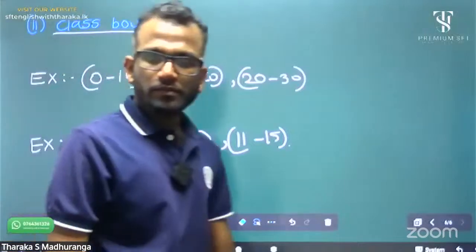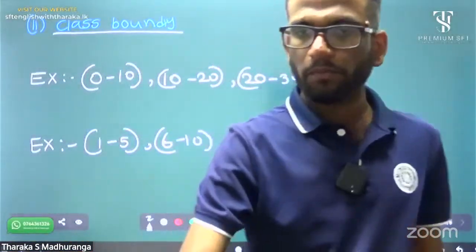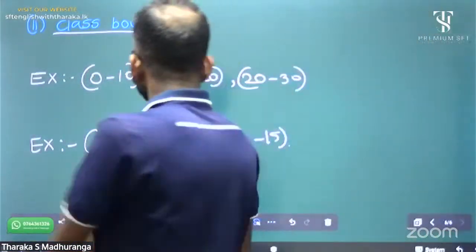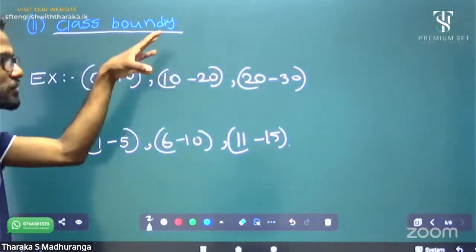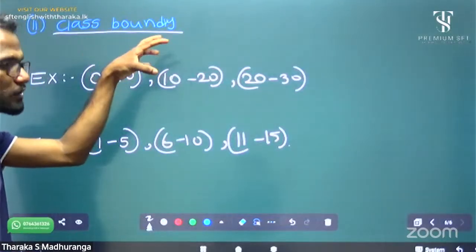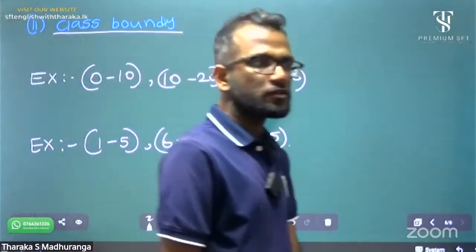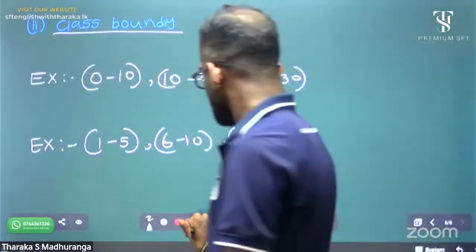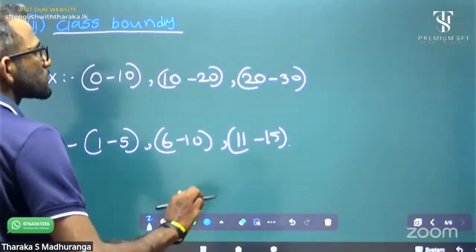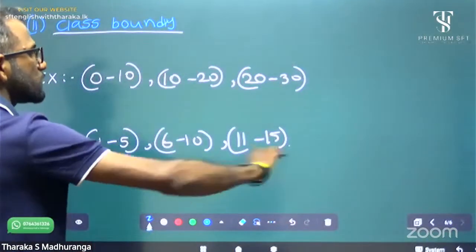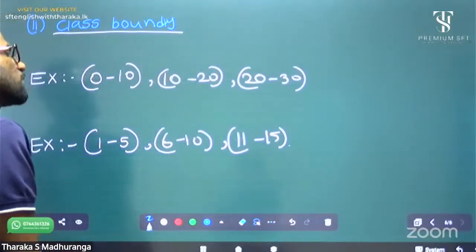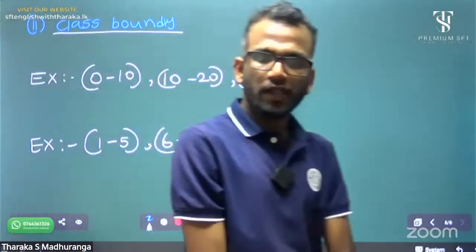I have two group frequency distributions. The first one is a continuous frequency distribution, and the second one is a discrete group frequency distribution. What's the meaning of class boundary?